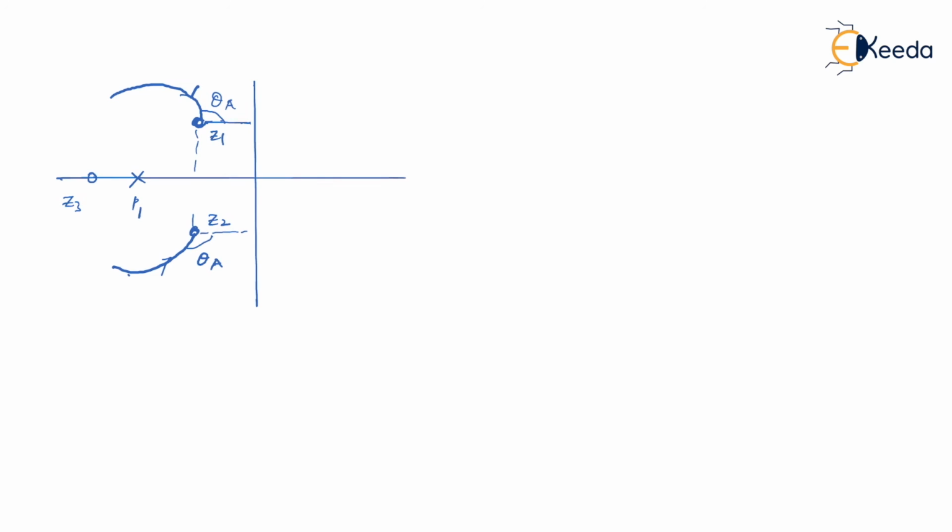So I'll draw a similar structure here, and I'll tell you graphically how to calculate it. We had two zeros which were complex conjugate. We had one pole here, and one zero here. For example, if I'm calculating it for Z1, then from Z2, from Z3, and from P1, join with respect to Z1.